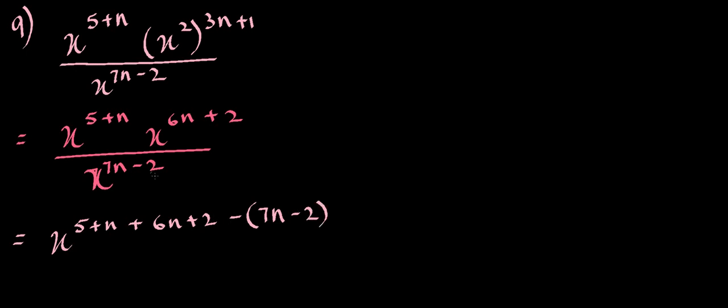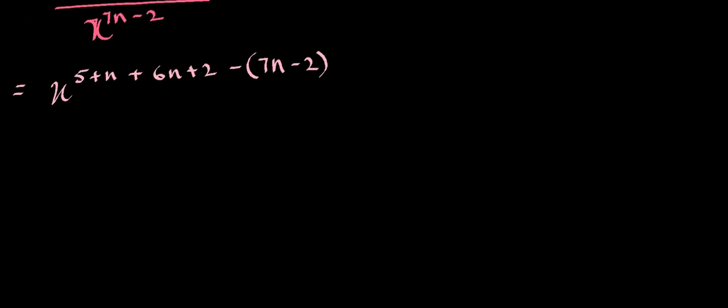So this whole term we are subtracting, so we will write it into a bracket and say that is equal to x raised to 5 plus n plus 6n plus 2 minus 7n, and minus minus becomes plus, plus 2.